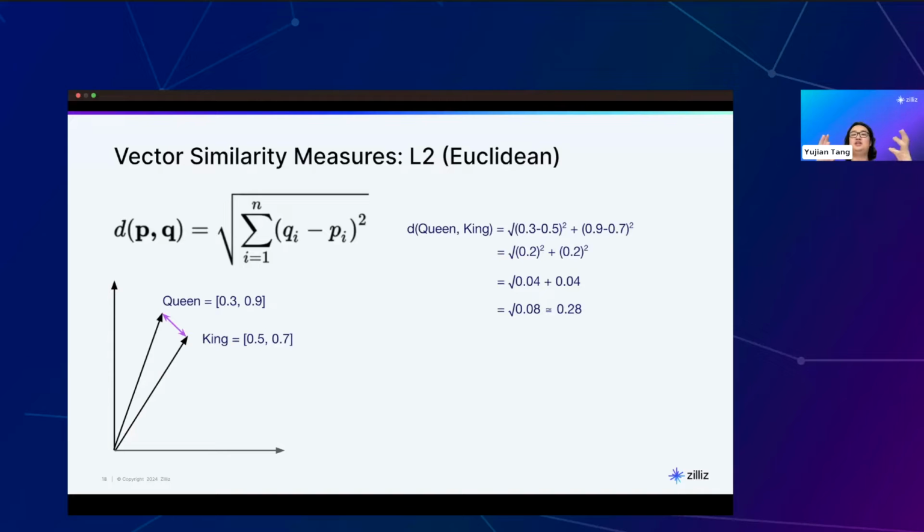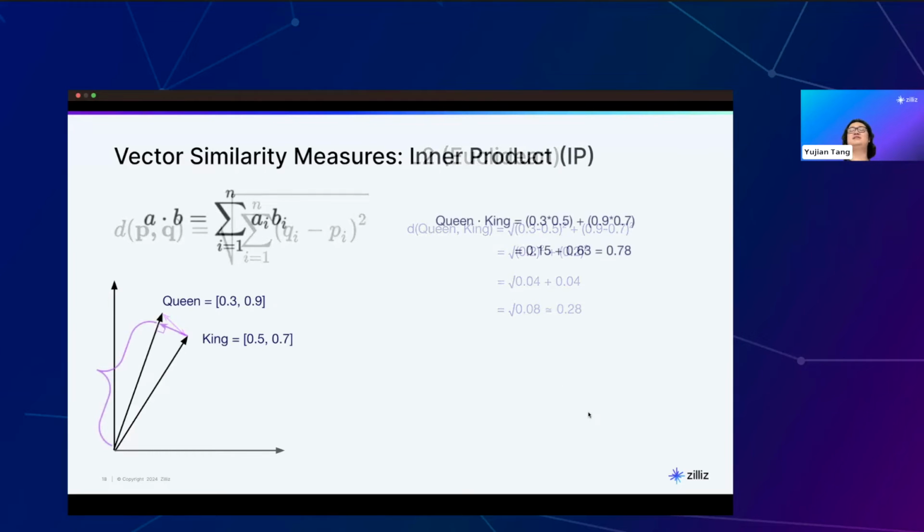And essentially that's what the L2 or Euclidean distance is measuring. It's x1 minus y1 squared plus x2 minus y2 squared. And in practice, in Milvus, we actually don't do the square root because that's just extra calculations, and all the distances actually come out to the same rank order, sorry.